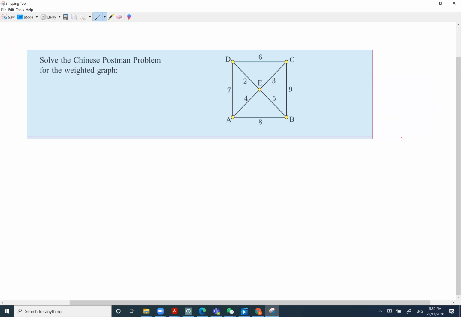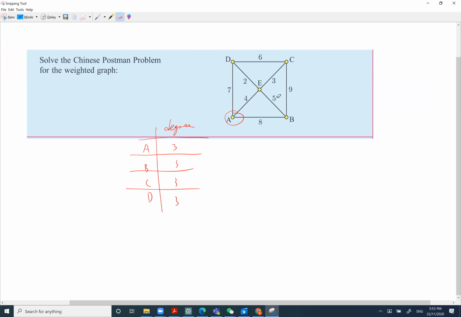Let's have a look. First, in this graph, we check the number of degrees. Degree of A, there are 3 edges connected to A. B, 3. C, also 3. D, again 3. They're all odd.